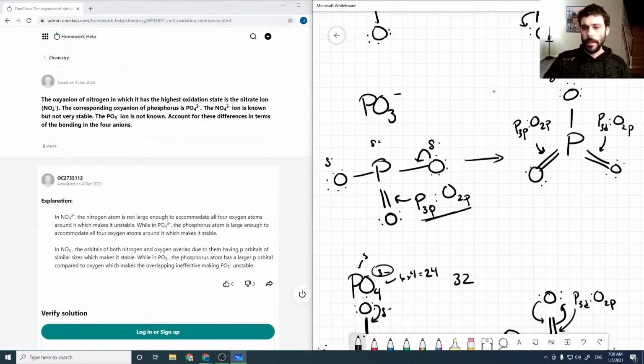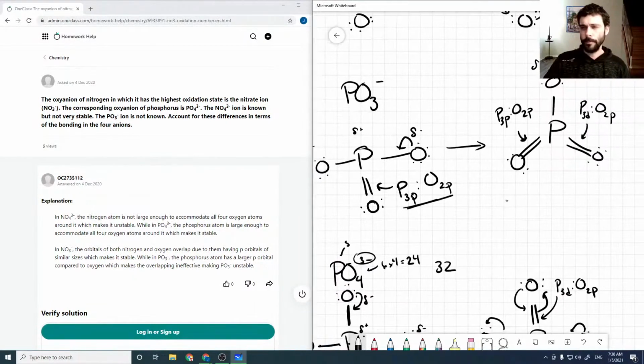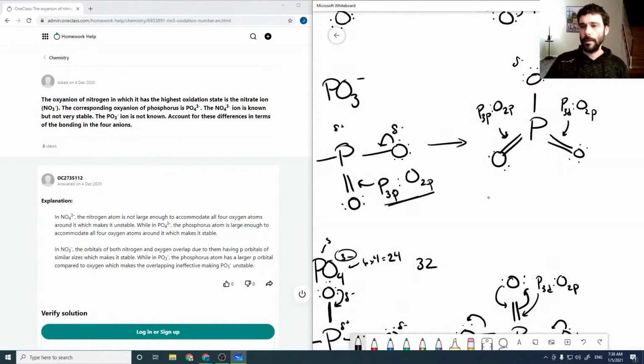For PO3-, looking at the same structure, we would still end up with some stabilization due to resonance. But we would actually only get very minor delocalization across these two oxygens, across all three oxygens actually.